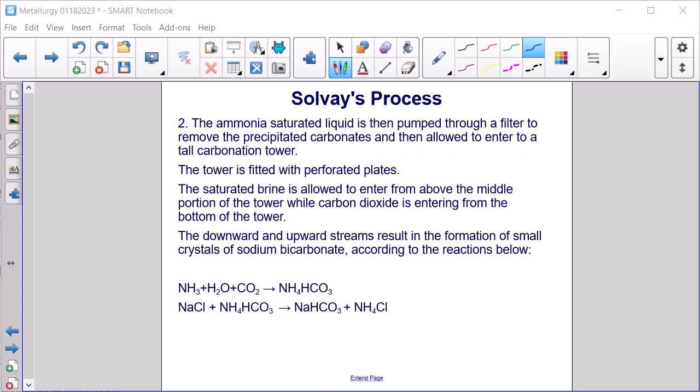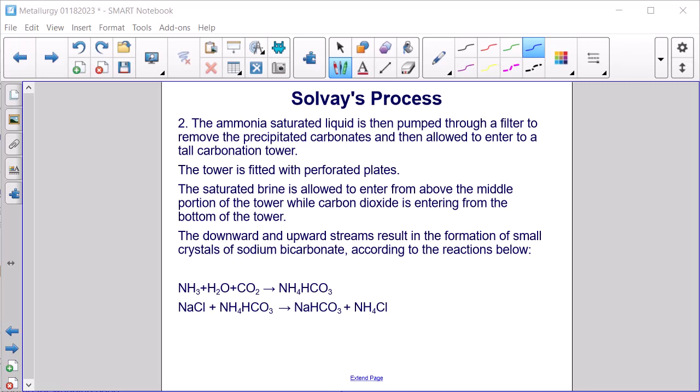Step 2. The ammonia saturated liquid is then pumped through a filter to remove the precipitated carbonates and then allowed to enter a tall carbonation tower. The tower is fitted with perforated plates. The saturated brine is allowed to enter from above the middle portion of the tower, while carbon dioxide is entering from the bottom of the tower.